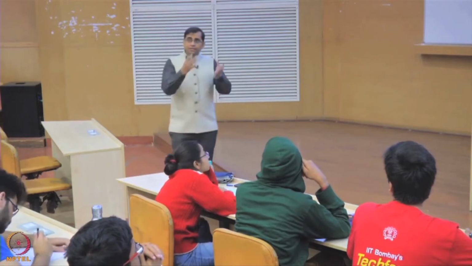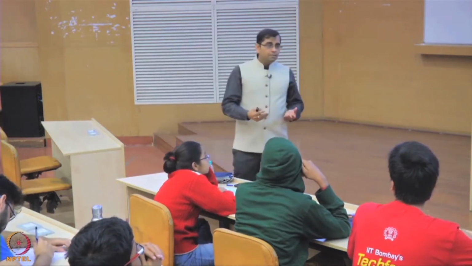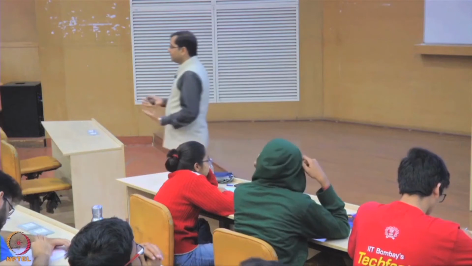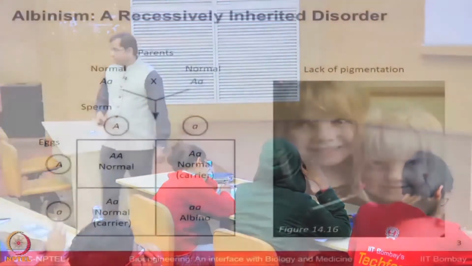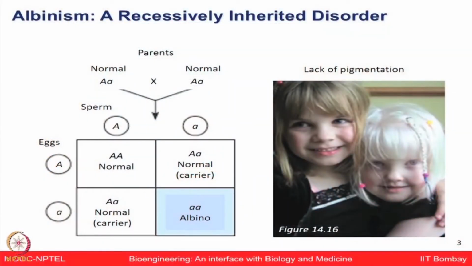This is how one could study these things in a given family and then try to make some sort of pedigree analysis of what the pattern could be. And you see this kind of pattern of albino children who look white, with lack of pigmentation.